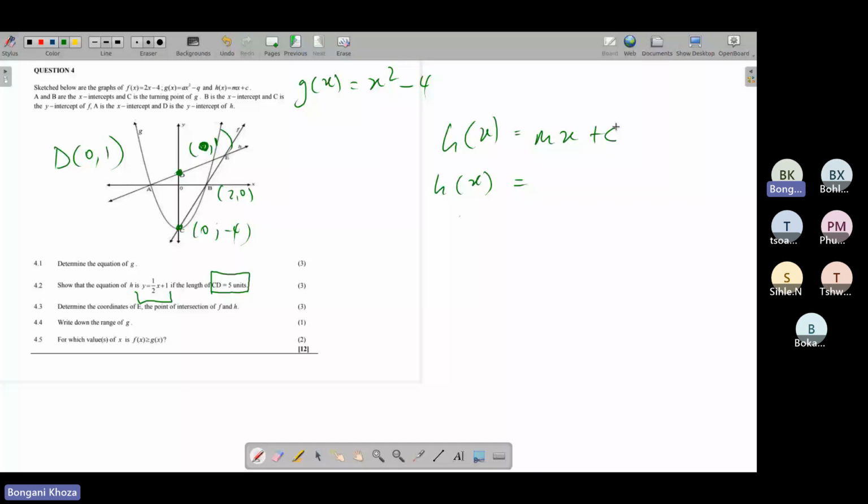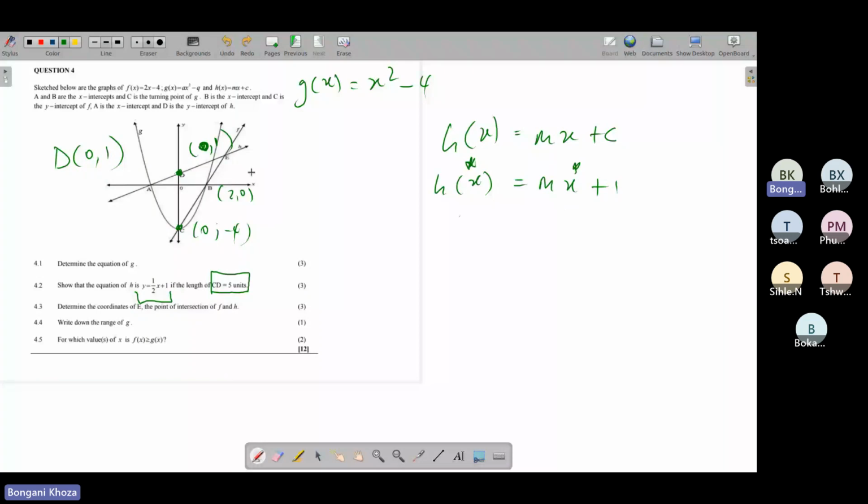Now we need to find this value, which is our gradient. To do that, we need to find a coordinate that we can substitute, whereby we know the y value and the x value. So we're checking this line over here, that's our h line.